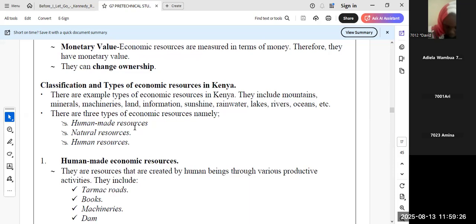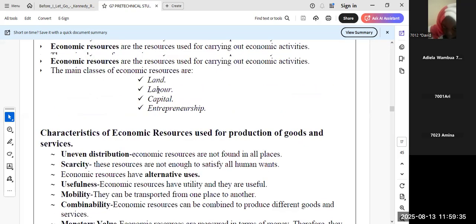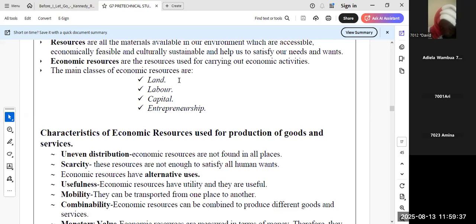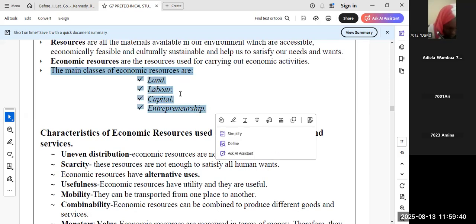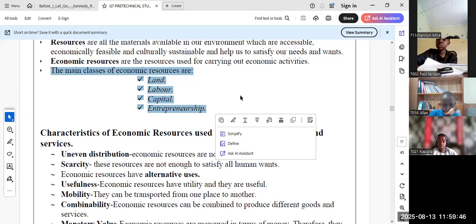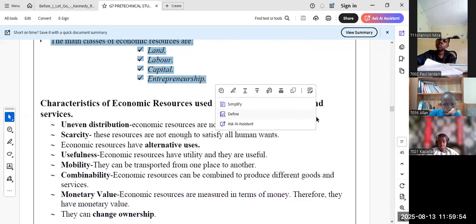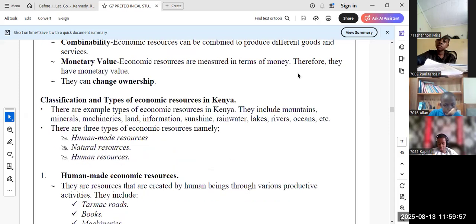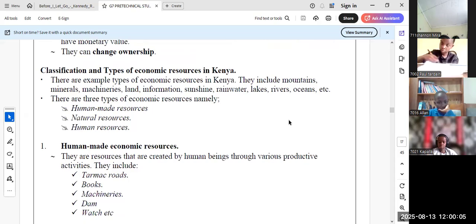Don't confuse, boys and girls: we have classes of economic resources, the main ones being land, labor, capital and entrepreneurship. Then we have the classification. How do we classify these economic resources, and what are the types of economic resources in Kenya? That is what I want us to look at.